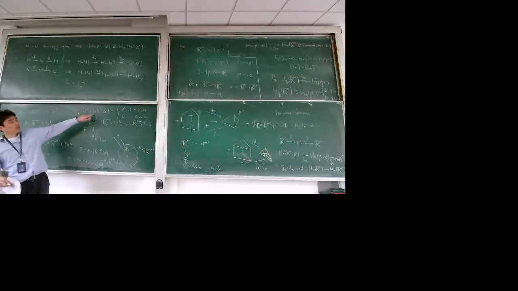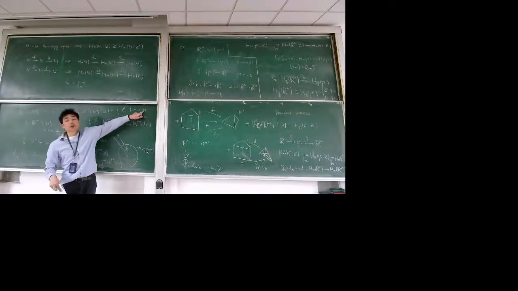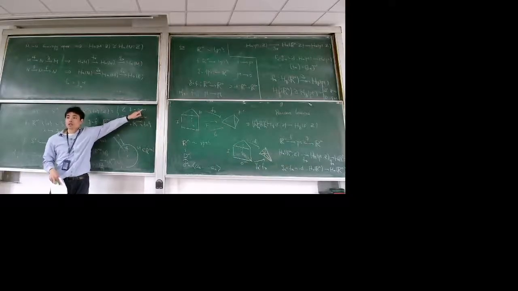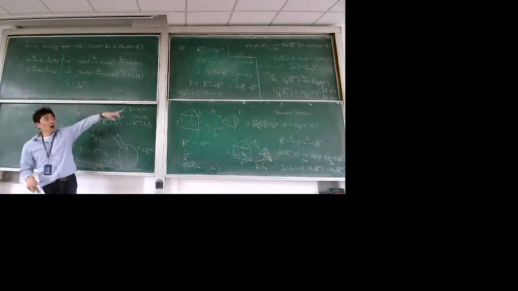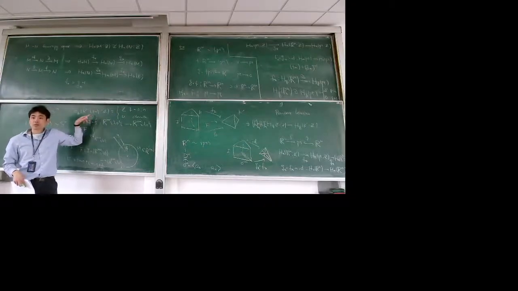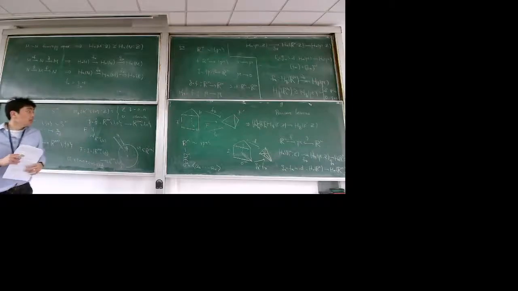So that's the homology group of the sphere. Once you get rid of the origin, some non-trivial information shows up in the nth homology. That's the difference between Rn and Rn without origin. So homology group somehow encodes the topology information in this way.